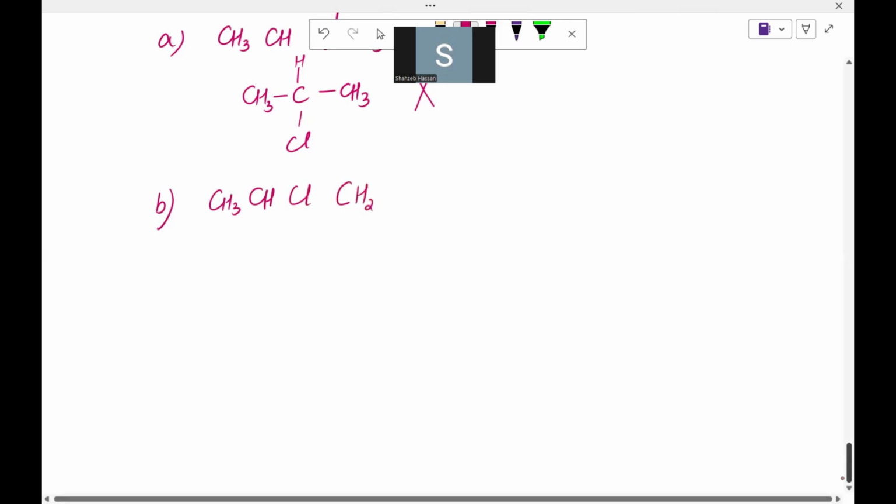Let's move towards part B, and that is CH3, CH, Cl, CH2, and then we have Cl. So first of all, let's draw their structure. That is CH3, H, and then we have Cl, then CH, H, and Cl. Do you think this is a cis-trans isomer? No, no double bond.